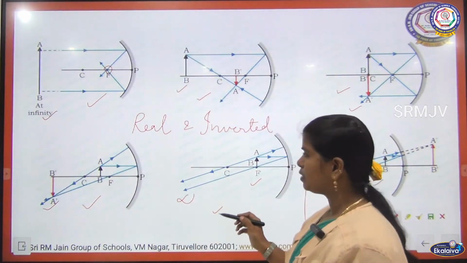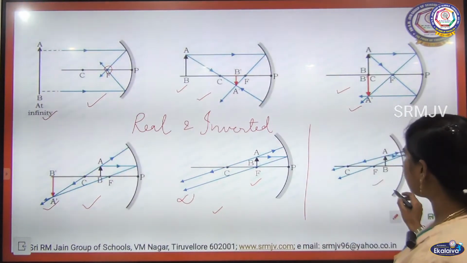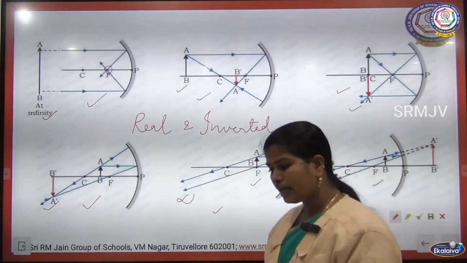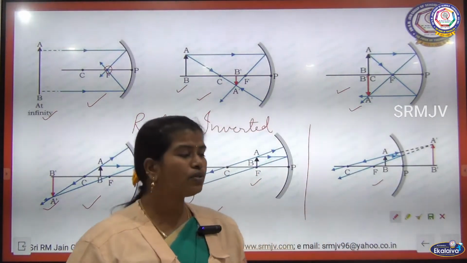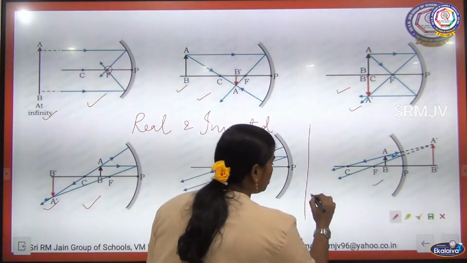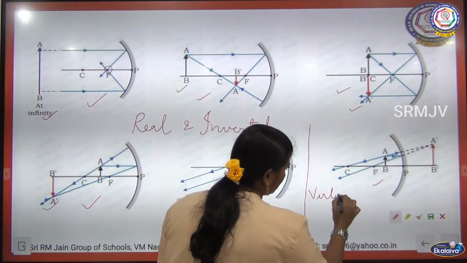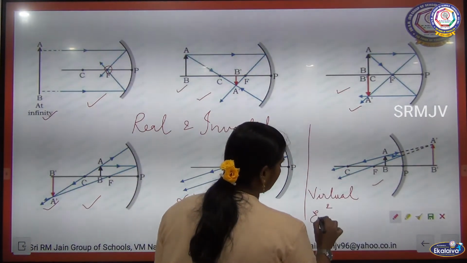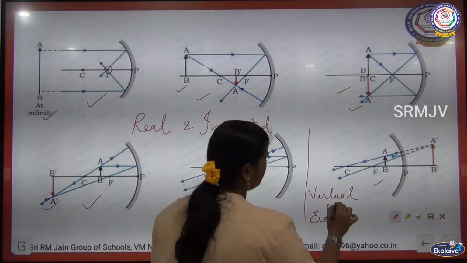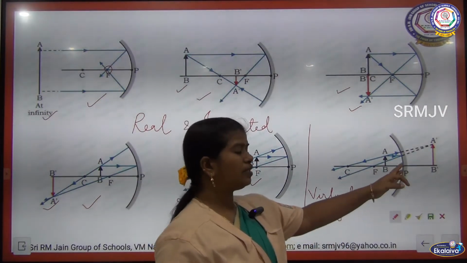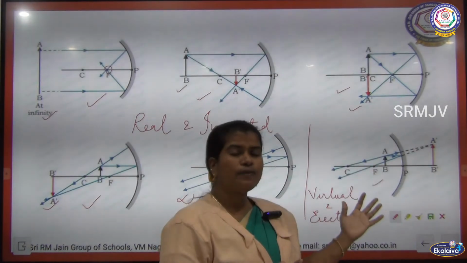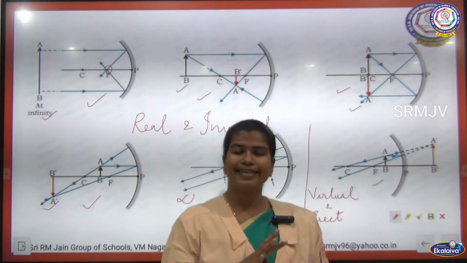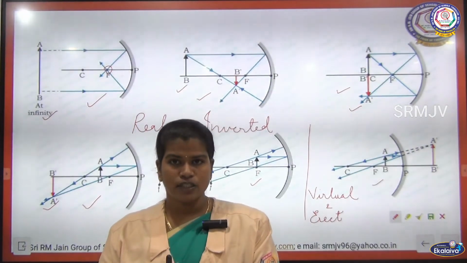And the last case alone is the exceptional case, because in this case the concave mirror produces a virtual and erect image. The image will be formed in the mirror itself. We know the difference between a real image and a virtual image.